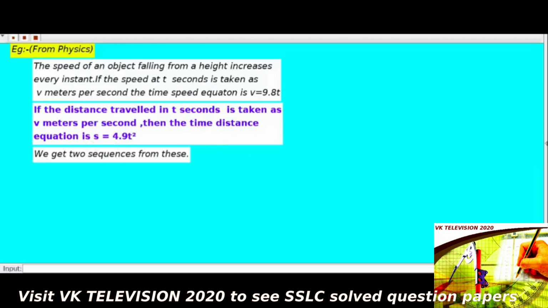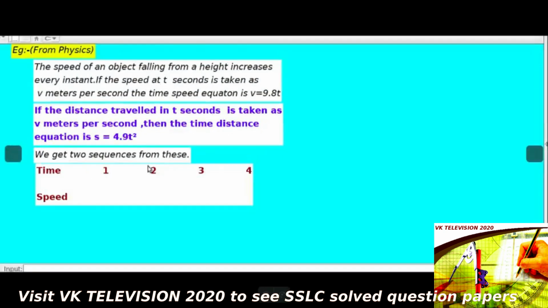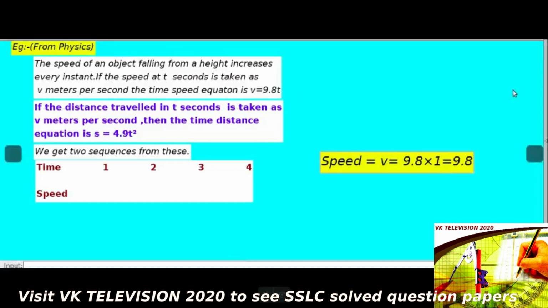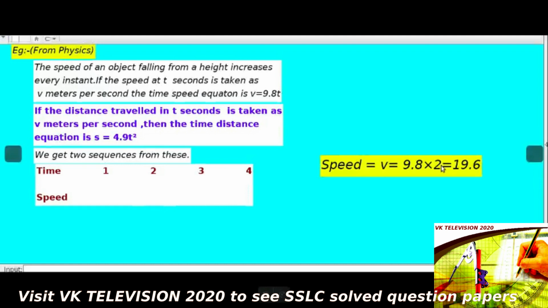We first take time as 1, 2, 3, 4. We can find the speed by using the equation v is equal to 9.8 t. We first take t is equal to 1. Then v is equal to 9.8 into 1 is equal to 9.8. When time is 2 seconds, the speed is 9.8 into 2 is equal to 19.6.